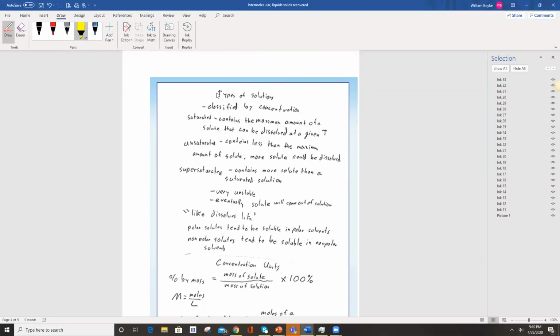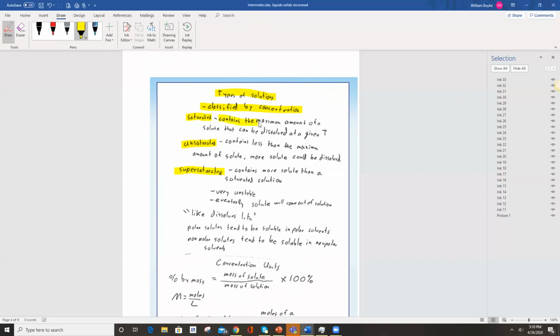We're going to talk about some types of solutions, some other classifications that we didn't really get to in Chapter 4. We can classify solutions by concentration, and there are three types: saturated, unsaturated, and a rare but special one, supersaturated. So let's talk about each one of these.